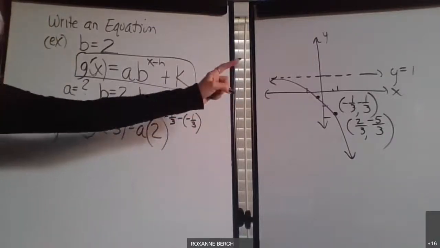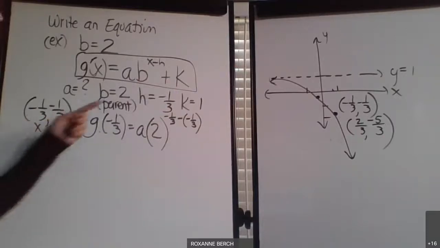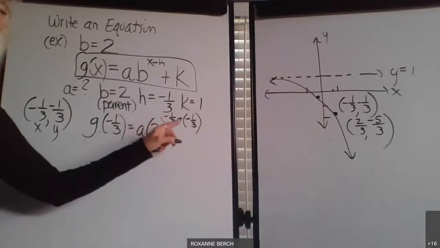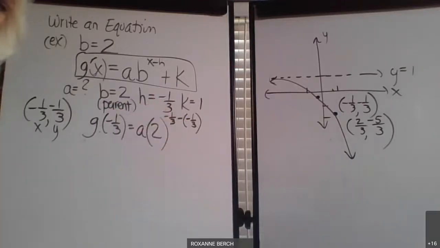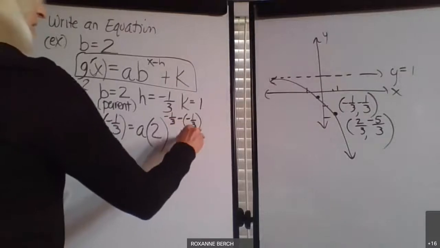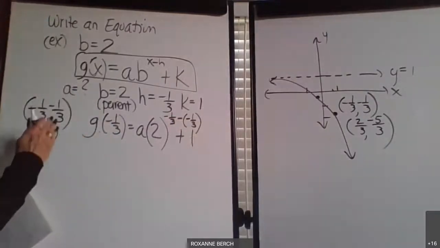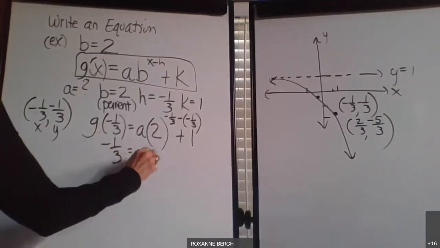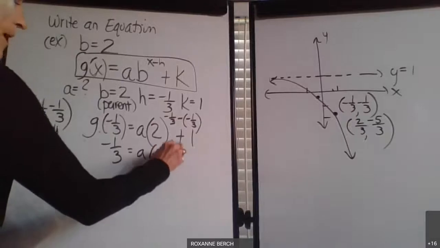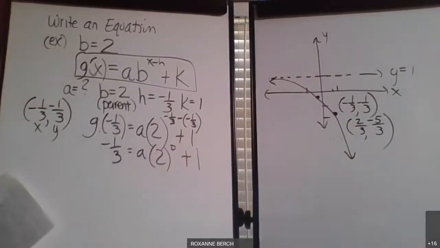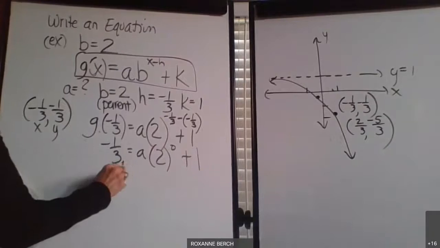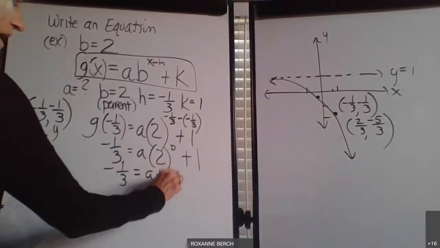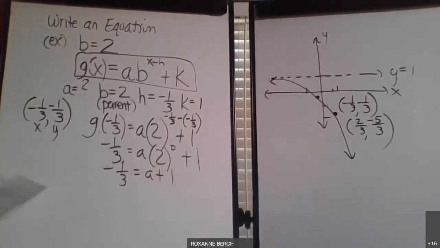So whenever you pick the closest point to the asymptote and you use x to be h, this power is going to be a 0 because negative 1/3 plus 1/3 is 0. And then this would be plus k. So we know that this represents y, which is negative 1/3. And this would be a times 2 to the 0 power plus 1. So we know that 2 to the 0 power is 1. So this is a plus 1 equals negative 1/3.